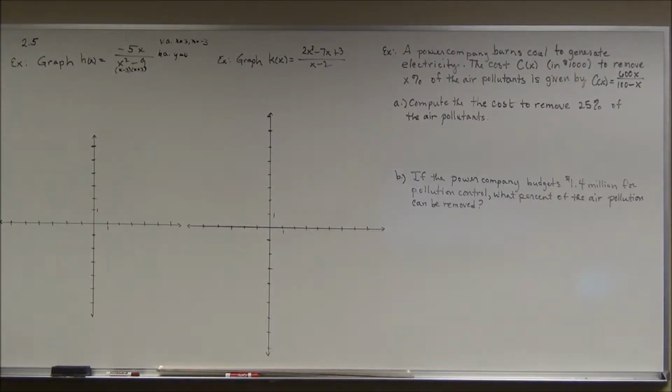Now, I don't know how much you guys are thinking about symmetry when you have a graph like this, but it's going to show that it does have symmetry to the origin.